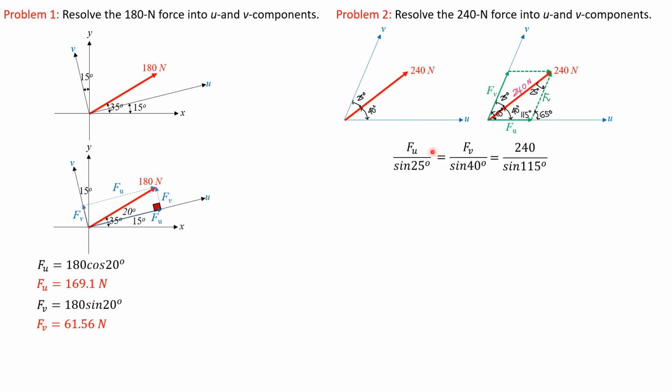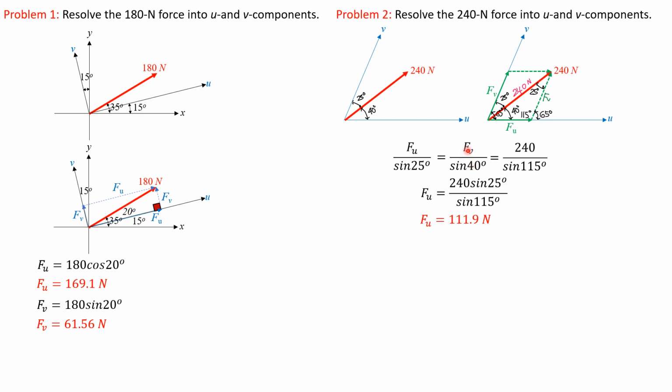Solving for Fu by cross multiplication, 240 sine 25 degrees divided by sine 115 degrees. So again, Fu is 240 sine of 25 divided by sine of 115 degrees. Using your calculator, Fu can now be computed, which is 111.9 newtons.